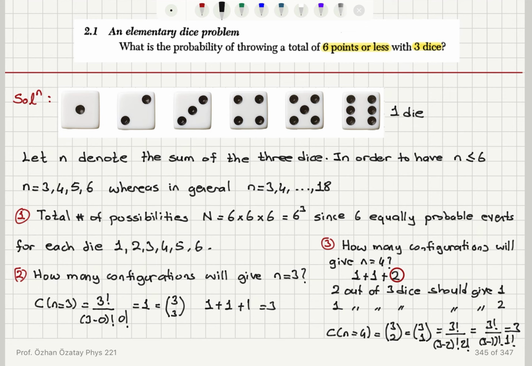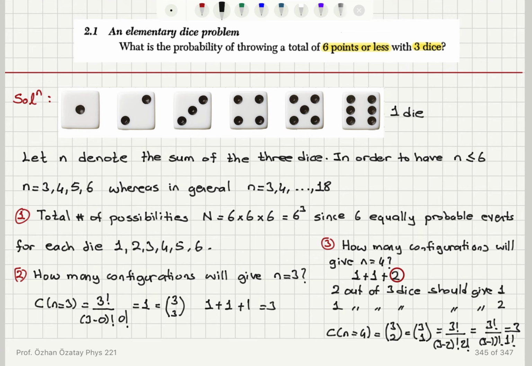But in general, we can have all of them coming out as 6, giving us n equals 18 as the maximum. So what is the total number of possibilities when you throw 3 dice? Well, each one can give you 6 possible outcomes, so it's going to be 6 to the power 3, because we have 6 equally probable events for each die, and they're statistically independent events.